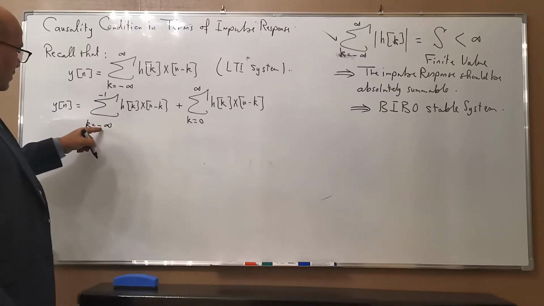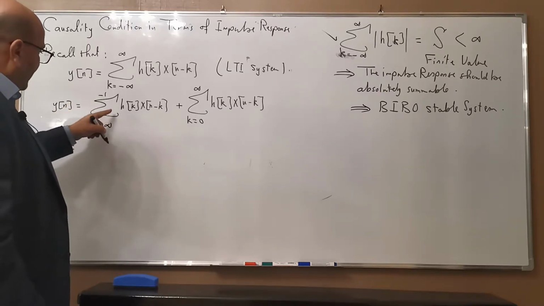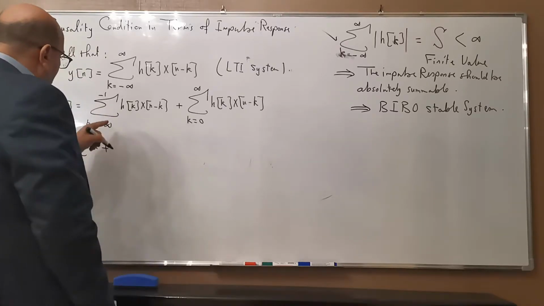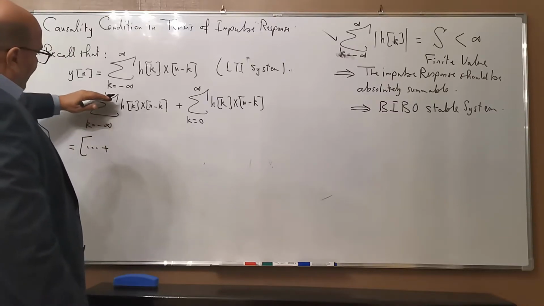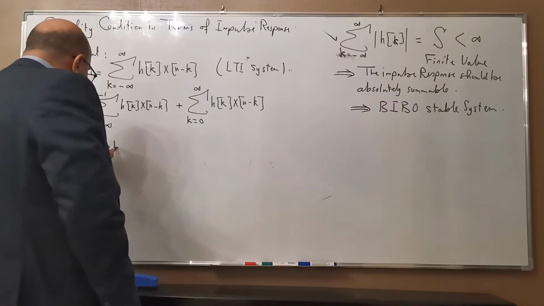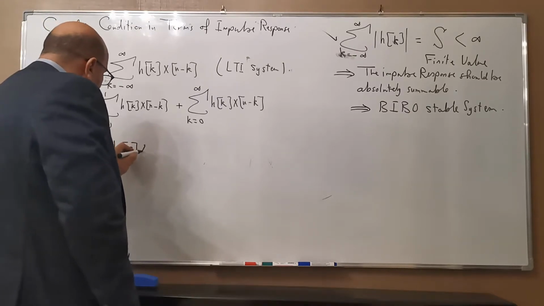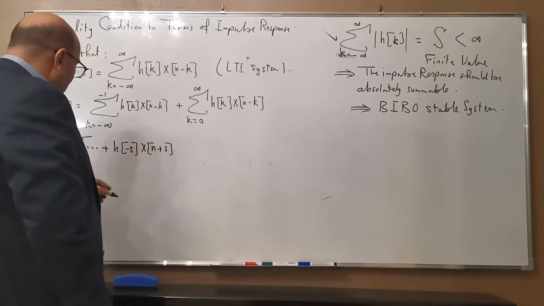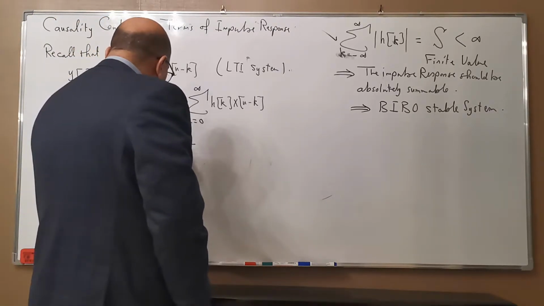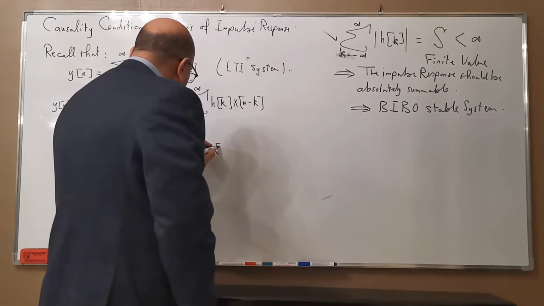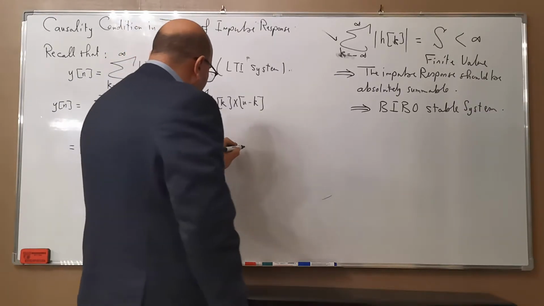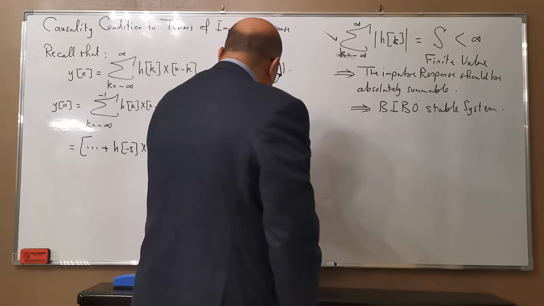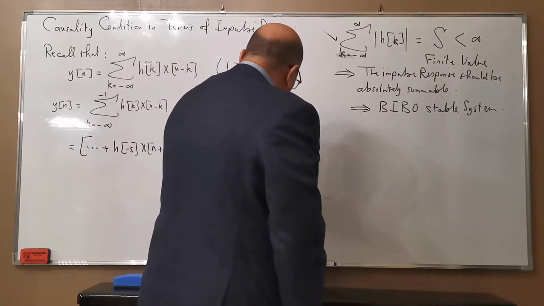Those will go like this, from minus infinity up to minus 1. So we will have, if we come from minus infinity up to, let's say, minus 3, then you have h of minus 3, x of n minus minus 3, so this is x of n plus 3, plus h of minus 2, x of n plus 2, plus h of minus 1, x of n plus 1, and this is the n.